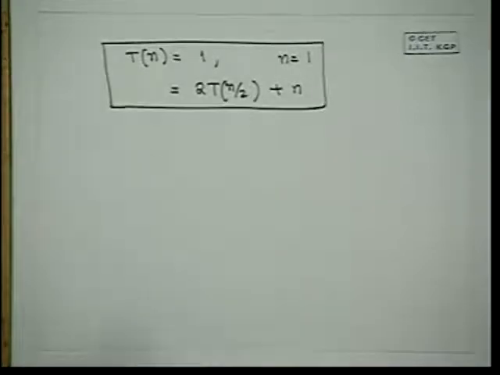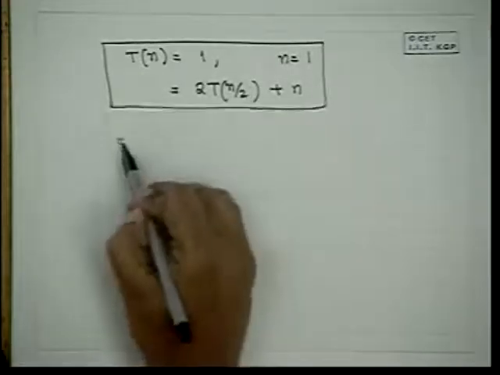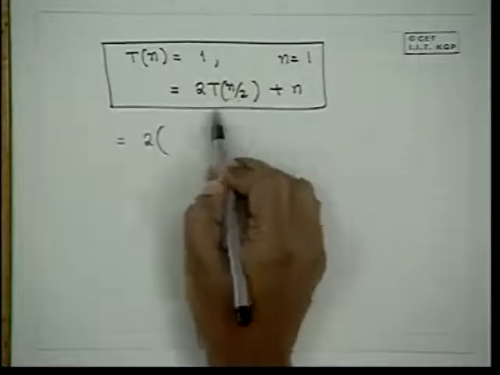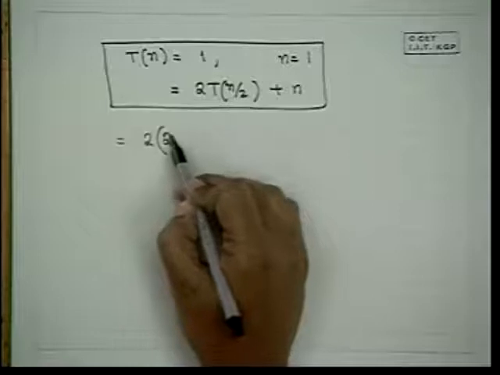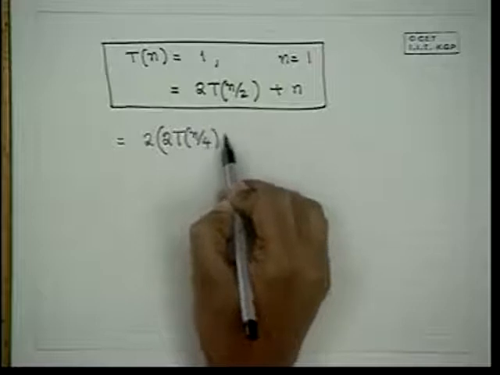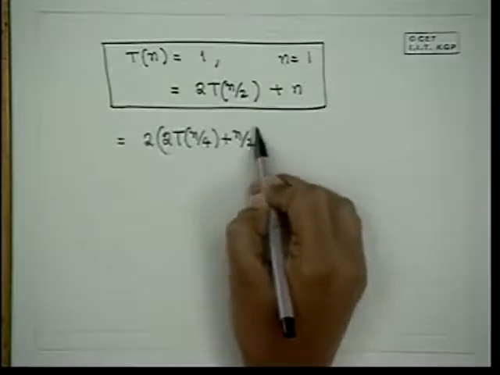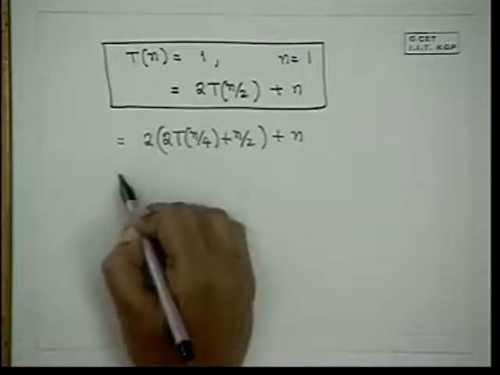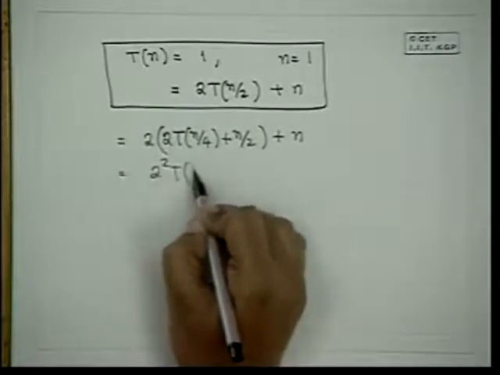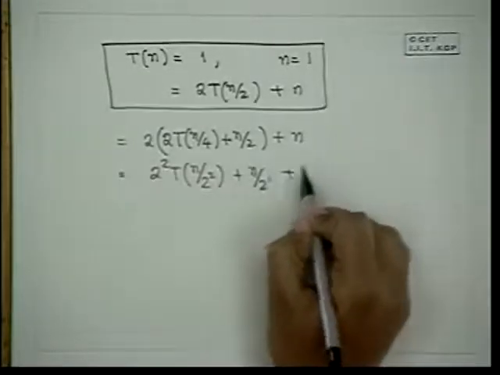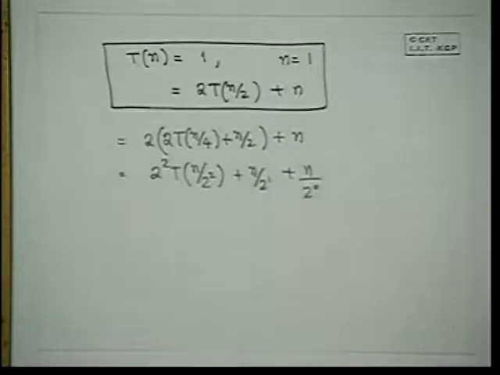Let's start expanding. 2 of, expand T(n by 2), T(n by 4) plus n by 2 plus n, which is the same as 2 squared T(n by 2 squared) plus n by 2 to the power 1 plus n by 2 to the power 0, right?